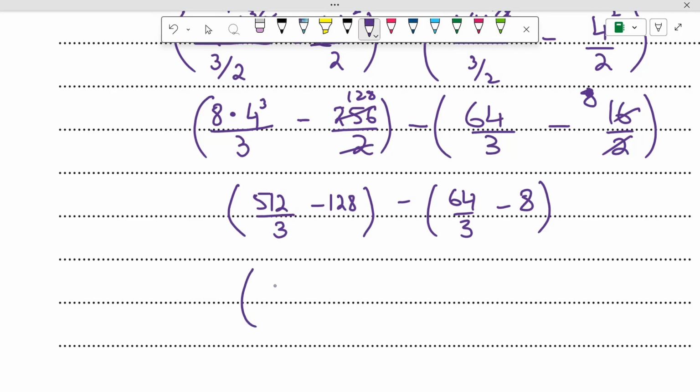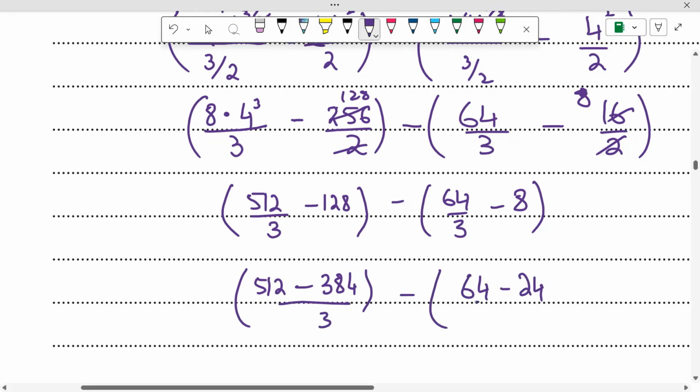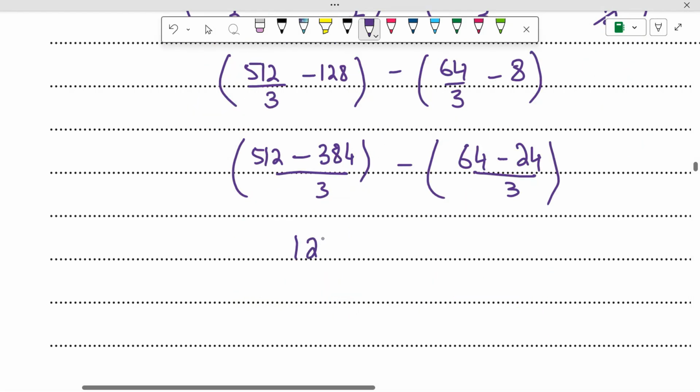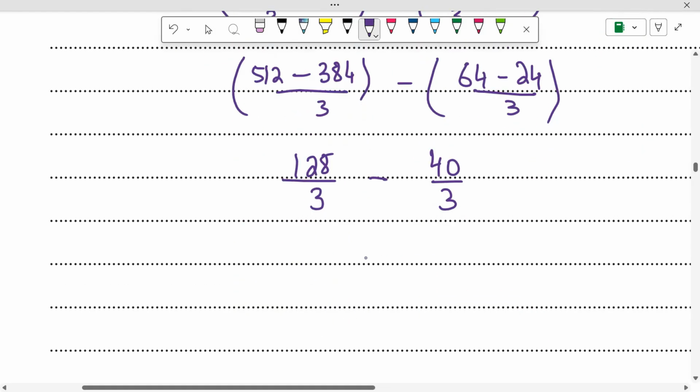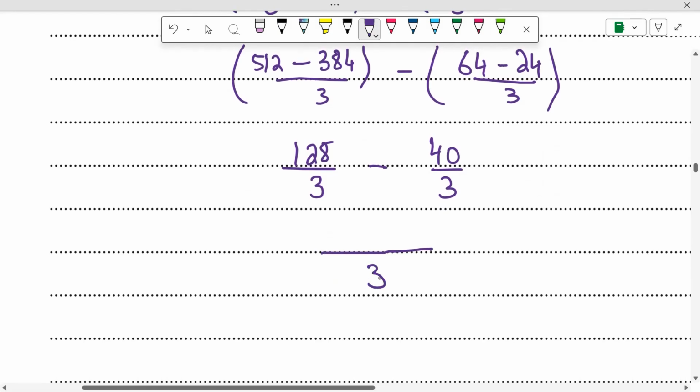Taking the LCM, we will have 512 minus 384 over 3, minus 64 minus 24 over 3. That is 128 over 3 minus 40 over 3. Further solving, this equals 128 minus 40 over 3, which is 88 over 3.